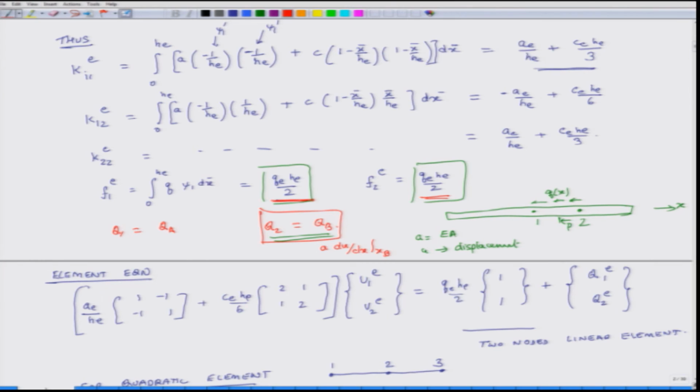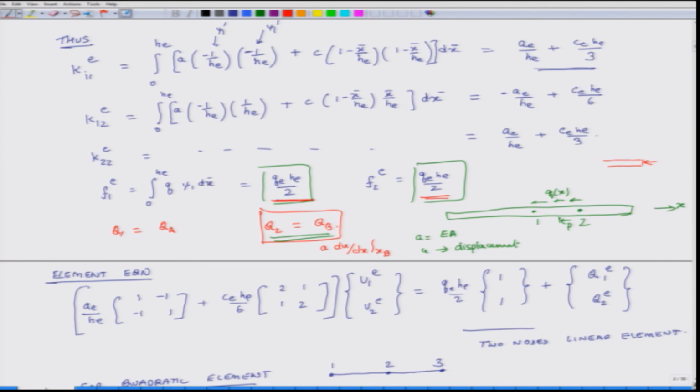So what that means is that suppose I have an element and I am exerting a point load. Q was distributed load, this is a point load, some external point load that I am putting here. That will be equal to A times du over dx at that particular location, x is equal to xb.